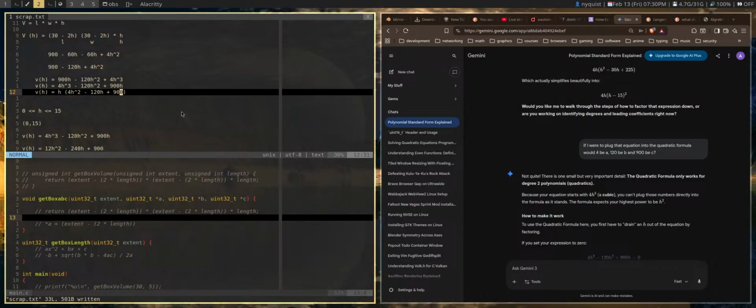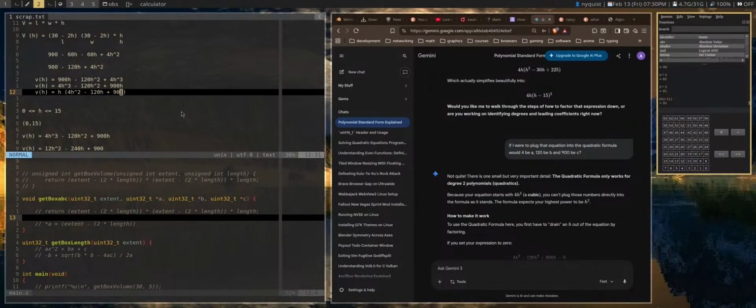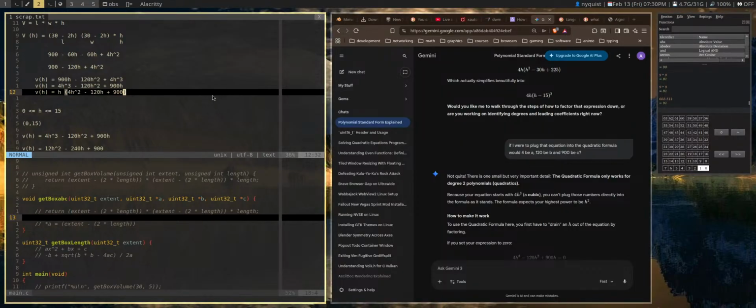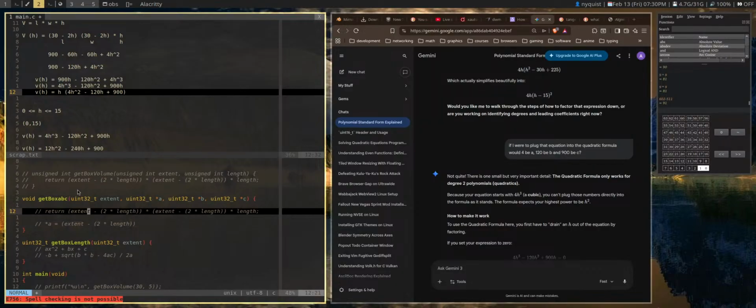I am curious to see something. If I did 30 minus 2 times, and we know that 5. How does one solve this?